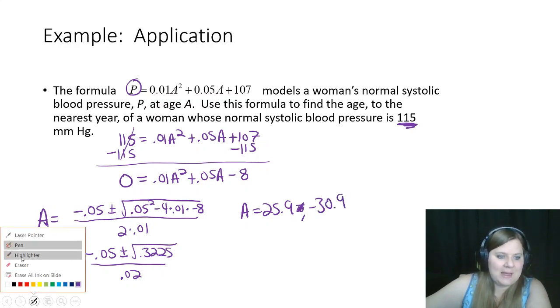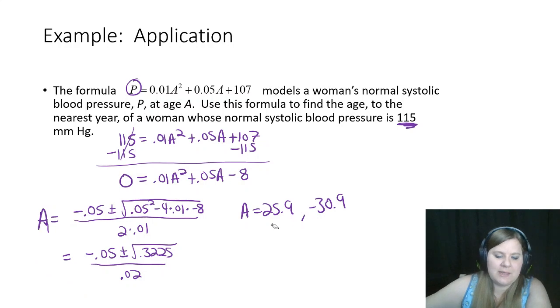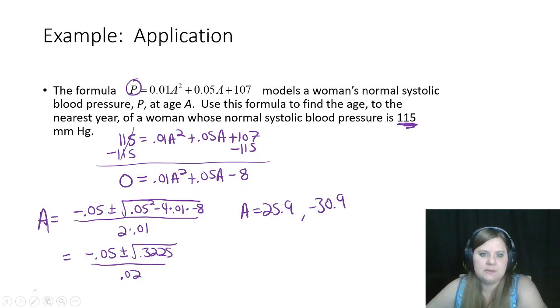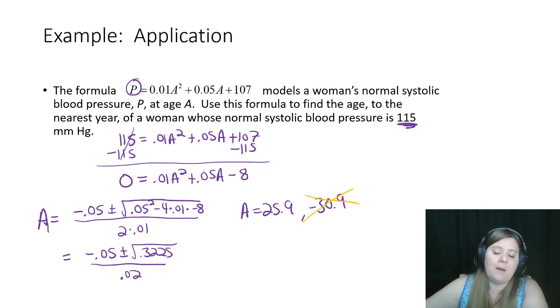Now, we go back to the context of the question. We say, okay, do both of those answers make sense? Well, it's asking us to solve for age. So we figure probably a negative age doesn't make sense.